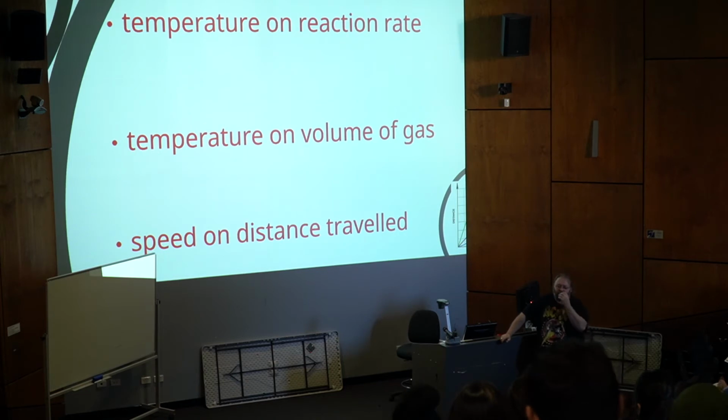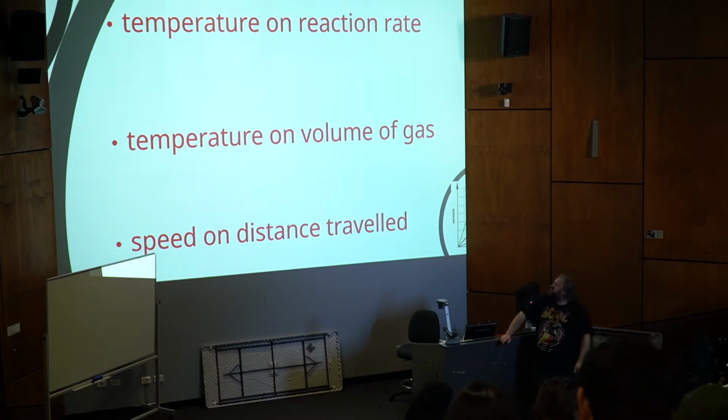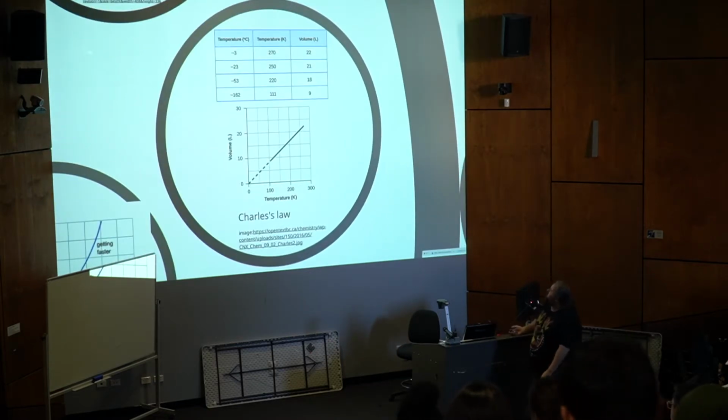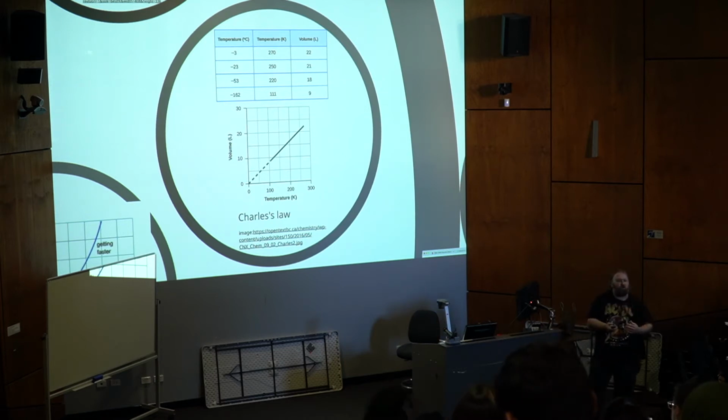Temperature and volume of gas. How is temperature going to affect volume? How's that going to be affected one by the other? What happens when you increase temperature? Volume increases. Okay, so we should get this sort of thing, which in chemistry is called Charles's law.